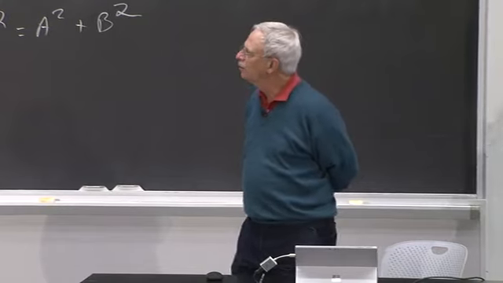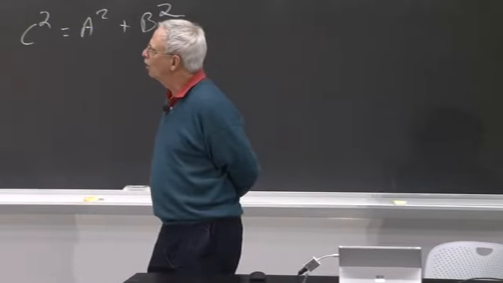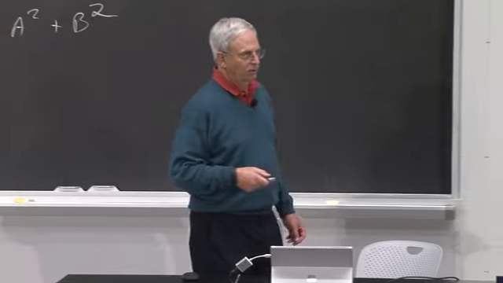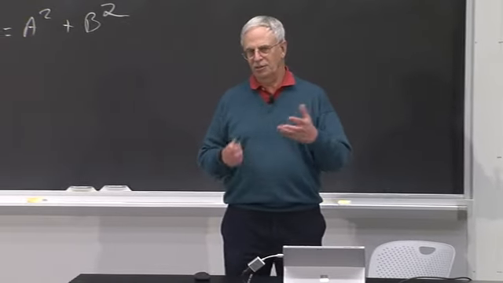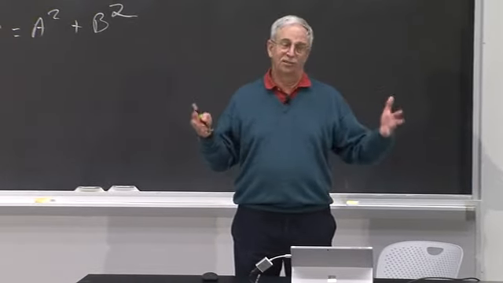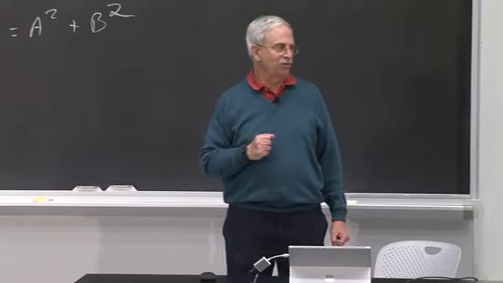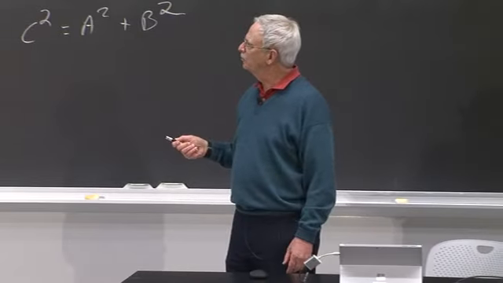And finally, we're going to have move drunk. Again, I'll check whether the drunk is there. If the drunk is there, I'm going to get the distance on x and the distance in y by calling drunk.takeStep. All right, so we saw a take step for a drunk didn't move the drunk anywhere because the drunks were immutable, but returned new locations, so new x and new y values.